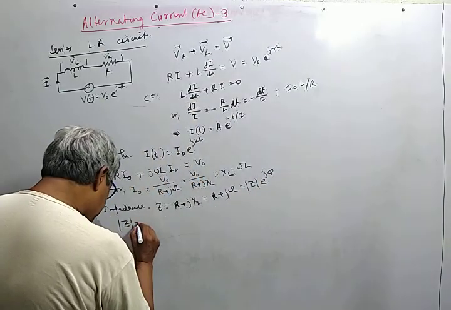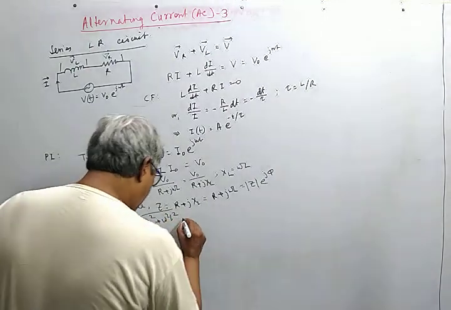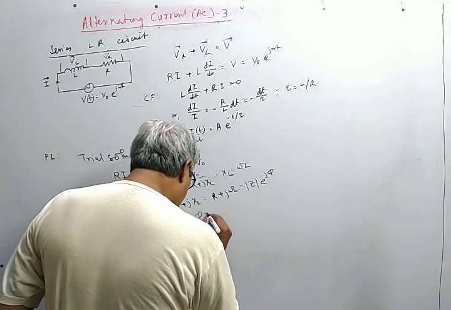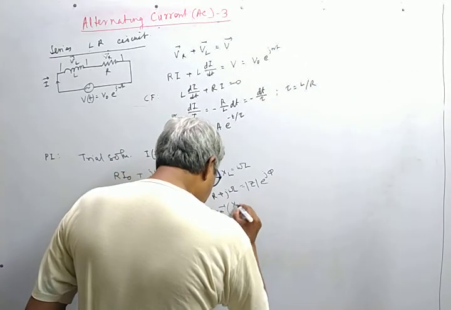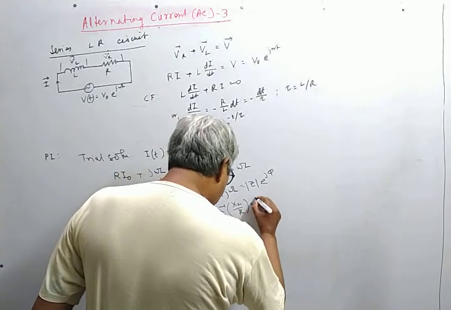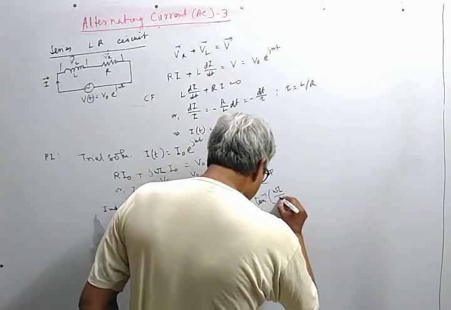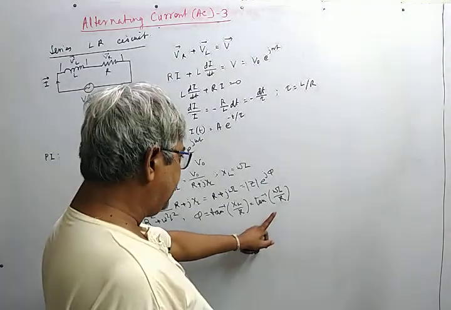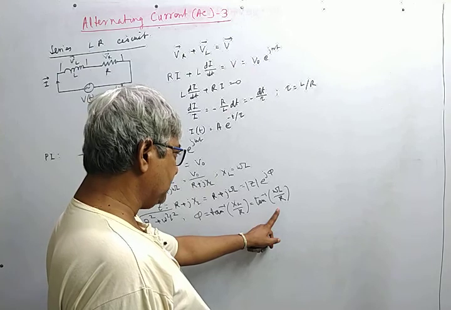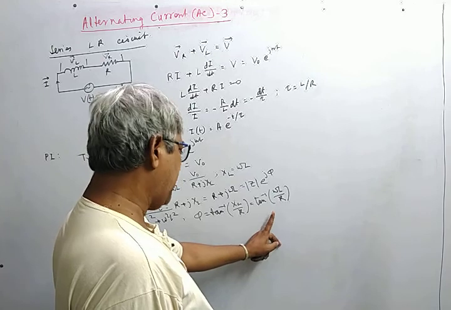The magnitude of Z is the square root of R square plus omega square L square, and the phase angle is given by tan inverse XL upon R, which is equal to tan inverse omega L upon R. So this is the phase factor. Now the phase is 0 as omega is equal to 0, and as omega tends to infinity, this phase tends to plus pi by 2.